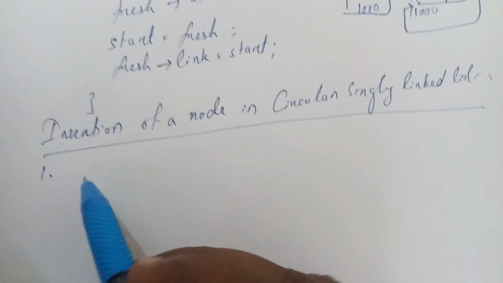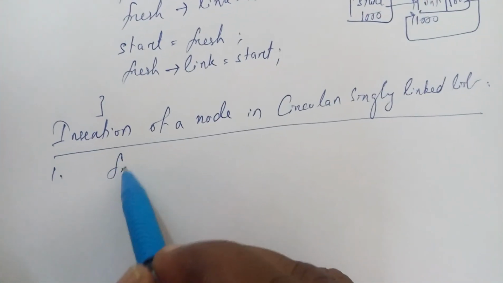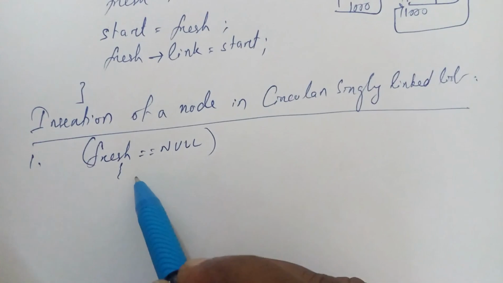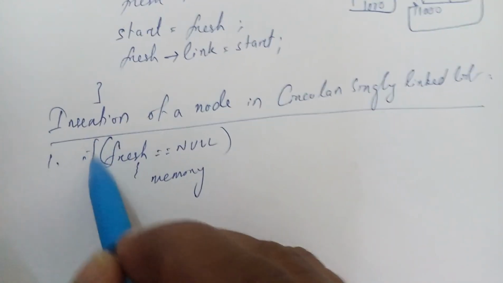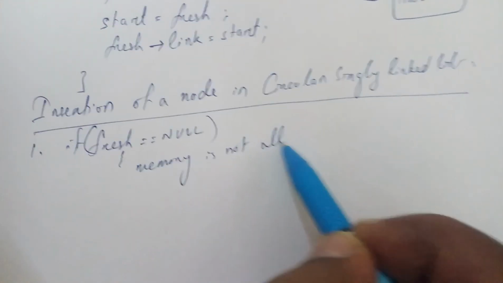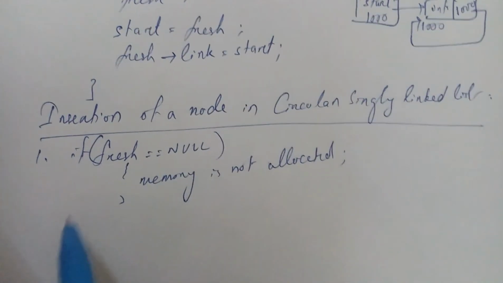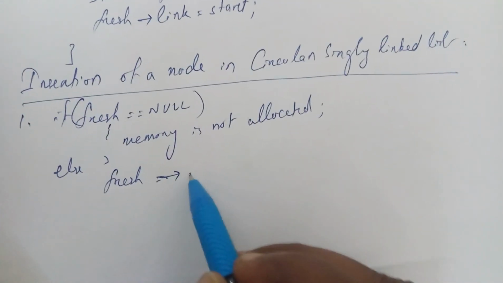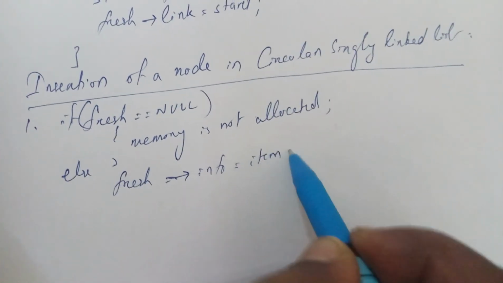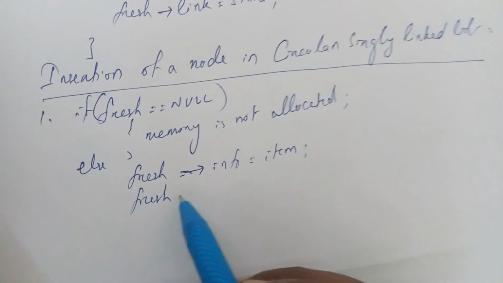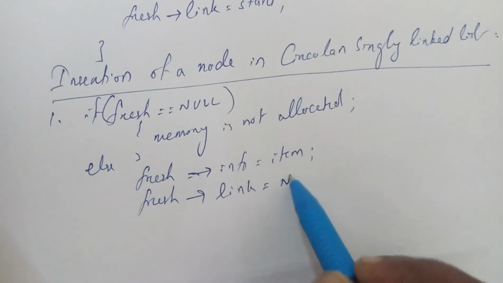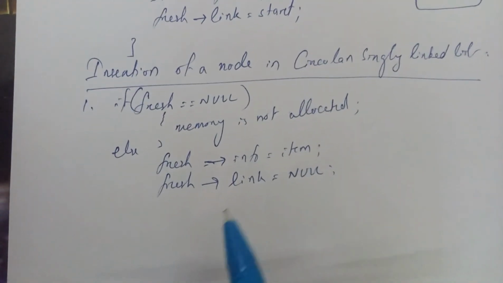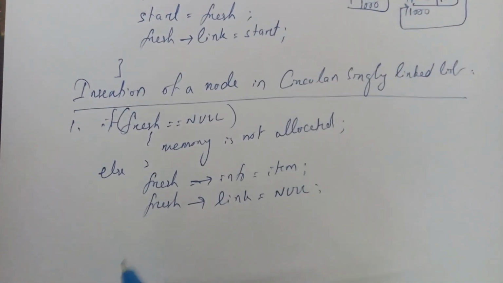So here we'll check the value of fresh. If fresh equals null, you know that memory is not allocated. Else memory is allocated, fresh info gets the item value, and fresh link equals null. So now it is set. Then what to do? You have to insert this node at the beginning. So you need another pointer.